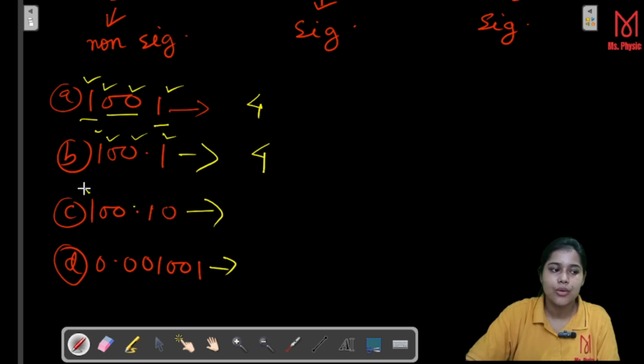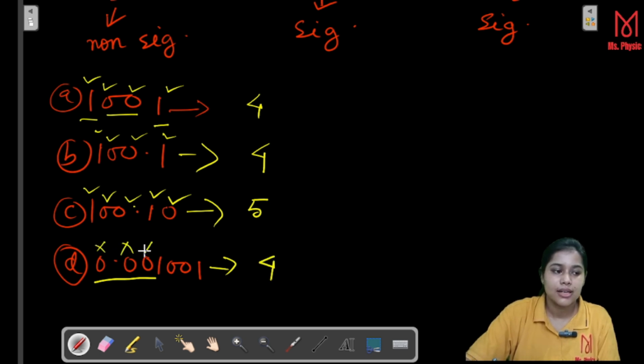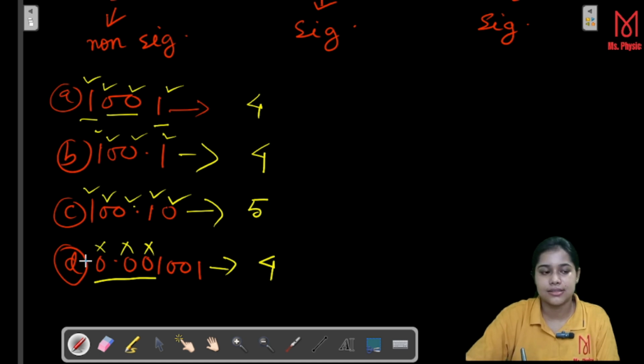So 1, 2, 3, 4 and 5. So 5. But here you see the 0 is placed at the initial position. So 1, 2, 3, 4. The answer would be 4 because these are non-significant digits. So thus you have to calculate the number of significant digits.